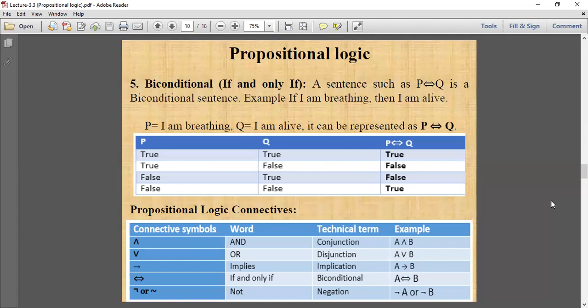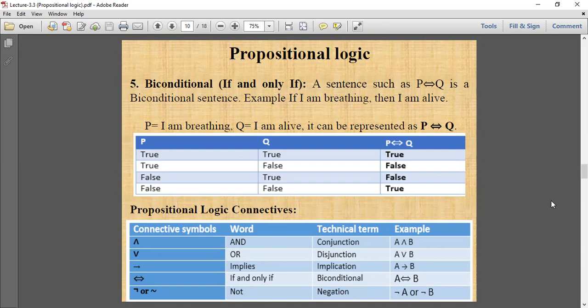So it can be represented as P double implication Q. Now the truth table of P double implication Q. If P true, Q true, then P double implication Q true. P true, Q false, so P double implication Q is false. P false, Q true, then P double implication Q is false. P false, Q false, then P double implication Q is true.